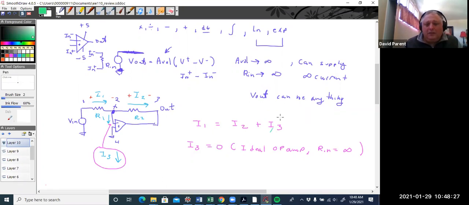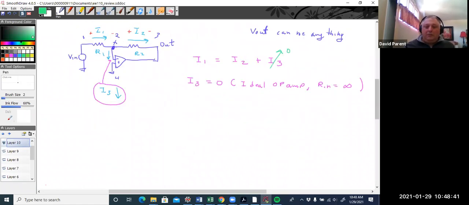I want darker colors here. We can already eliminate one. And so now we're left with I1 and I2. Okay. I'm just going to scroll a little bit here.